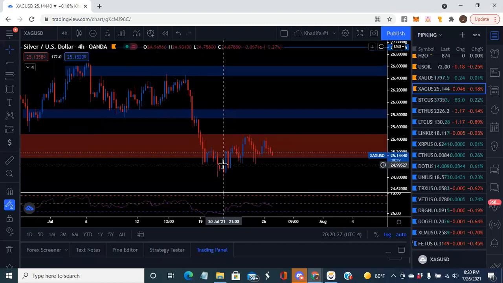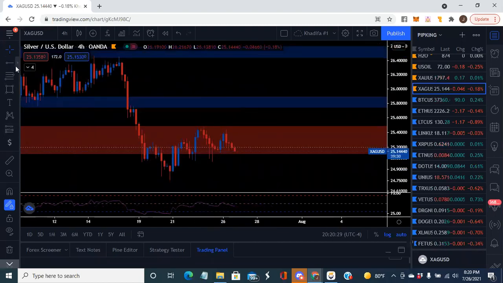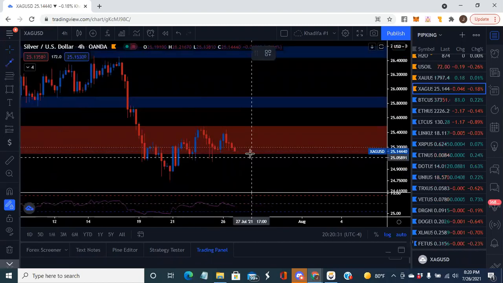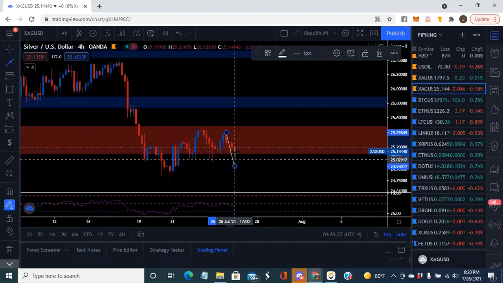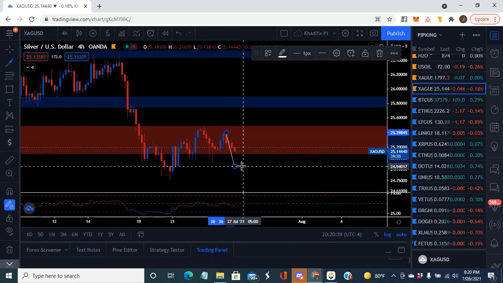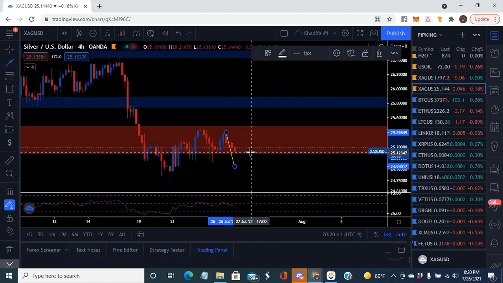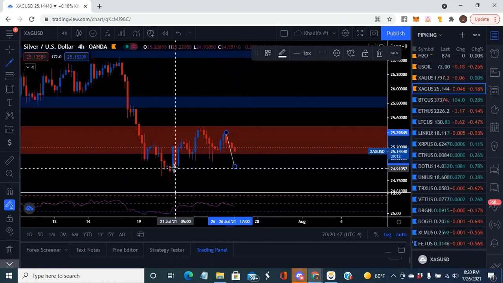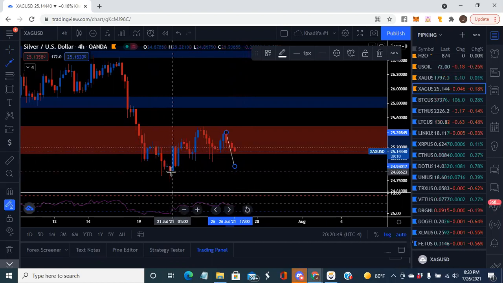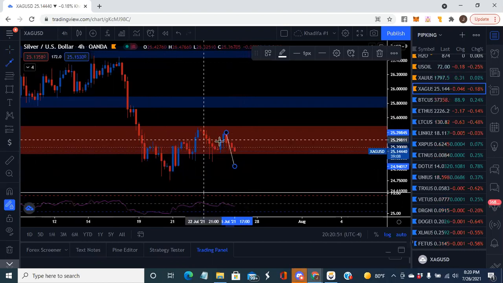All right, yeah. So it would be nice if we could see silver hold where we're at now. Because this is the 4 hour time frame, if it came down to this structure, it would look like a big move on the hour or 15-minute time frame.